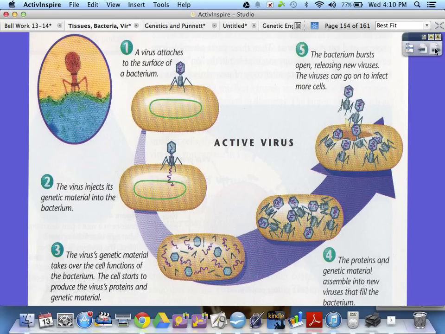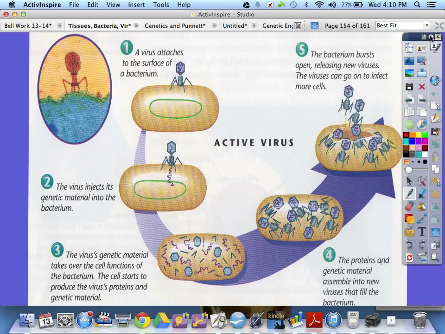Now, there are two types of viral reproduction, just like there are two types of bacterial reproduction. Now, these two types are a little different. We have active and we have latent.